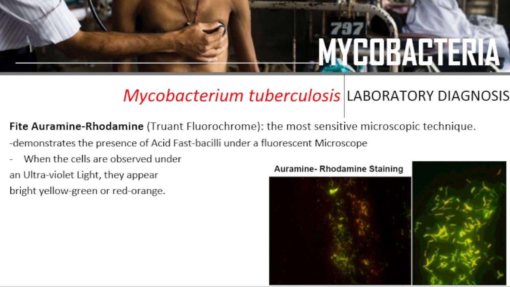Even though I haven't experienced it yet, I look at it and think, wow, amazing, because you can't just see it, but it requires dark field microscopy, a fluorescent microscope. This demonstrates the presence of acid-fast bacilli. When the cells are observed under ultraviolet light, they appear bright yellow, green, or orange. Still, confirmation by culture methods is required.